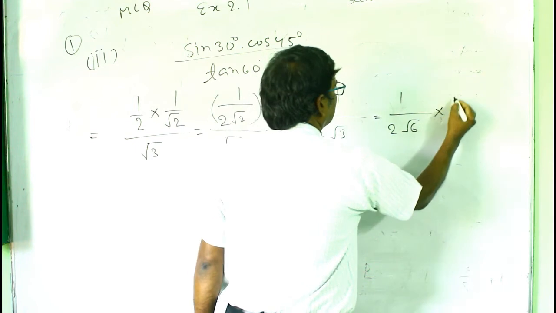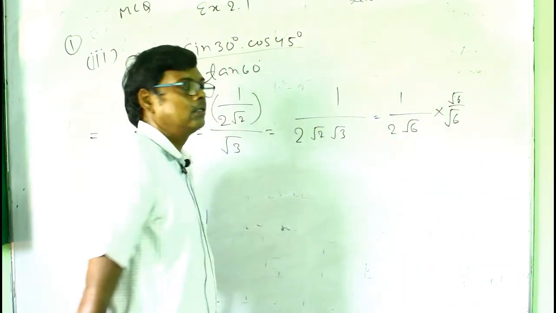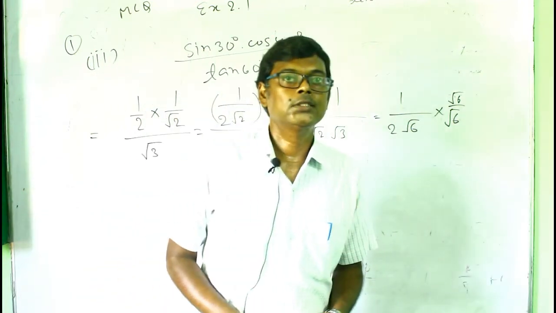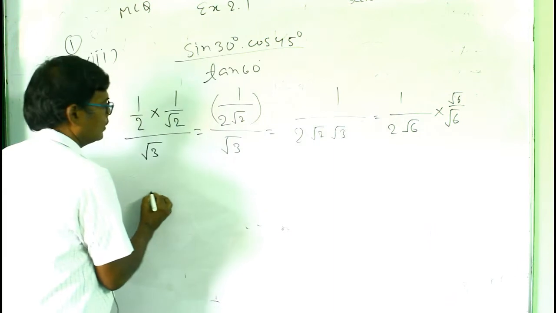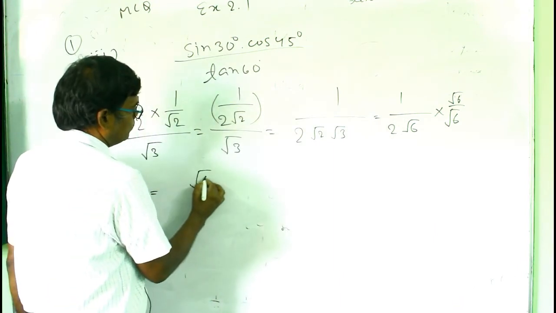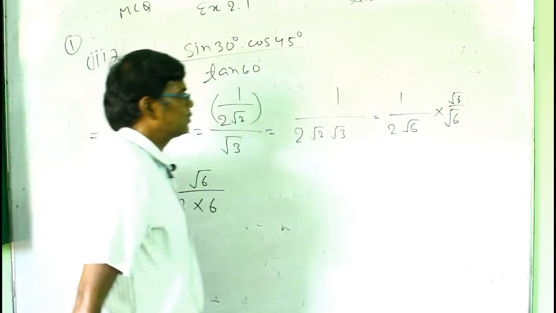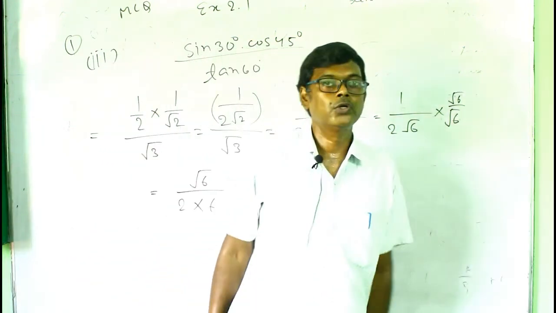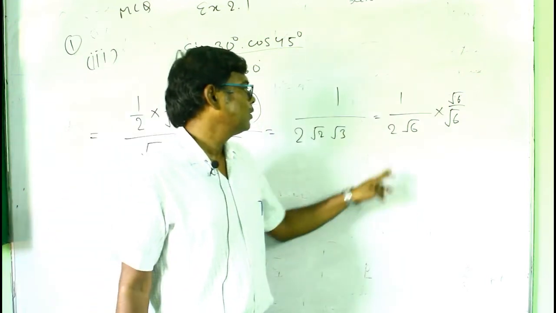So now multiply the numerator and denominator by √6. You know how to rationalize the denominator. So here next it is √6 by 2 into 6, because √6 into √6 will be equal to 6, and therefore you have in the denominator 2 into 6.